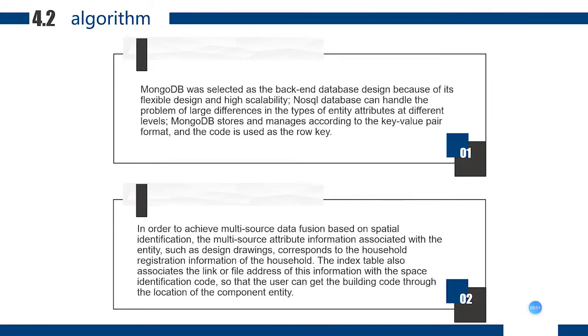Analyze the needs and feasibility of location identification codes in the integration of multi-source data, then design a large table of split index codes as the row key, and on this basis realize the efficient integration of multi-source data in the construction industry.